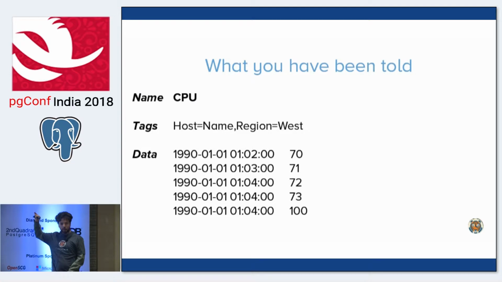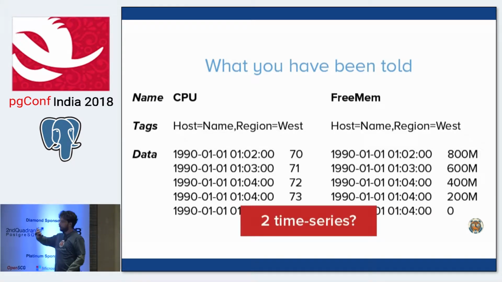And then the series itself is a combination of time and value pairs, where the values are usually strings. So for CPU, it could be a timestamp and the amount of CPU. And then you would have multiple of these time series, right? And so then the people in the metrics world start talking about the number of time series you have, right?